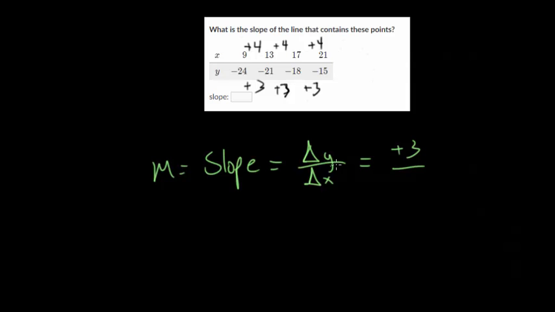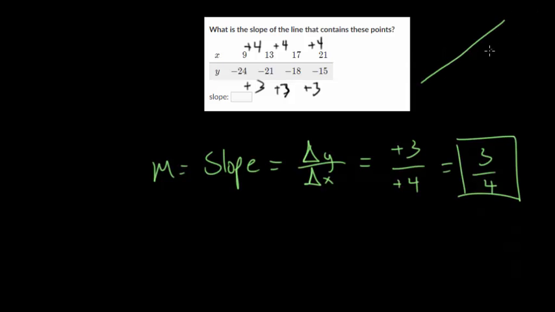And our change in x values every time from one point to the next, the x values are jumping by 4. So plus 4 here, and we can just drop the positive signs, and so you get 3/4 for your slope, which is almost like a slope of 1. So it'll be somewhat steep going up the mountain as we march to the right, but effectively every time we go 4 over, you would go up 3 for the y values.